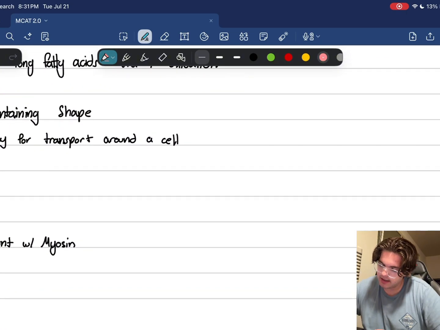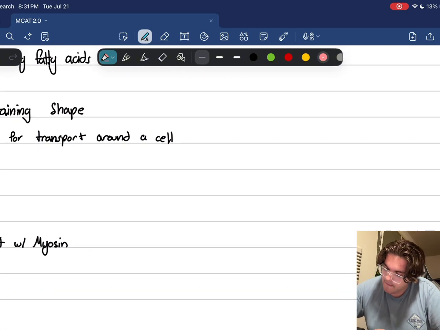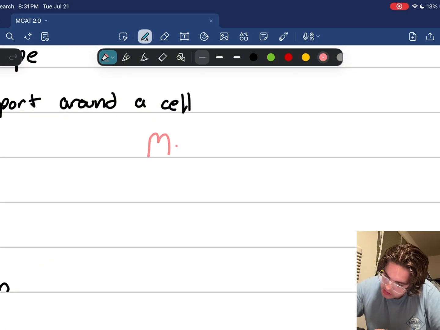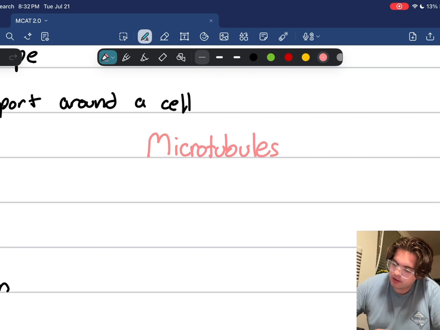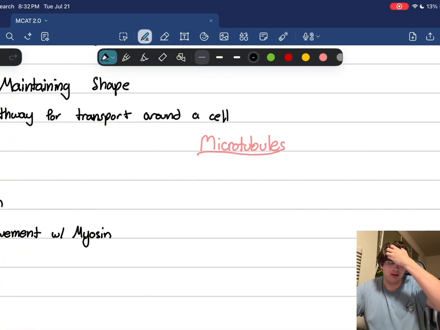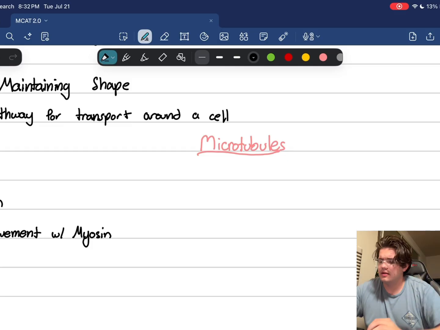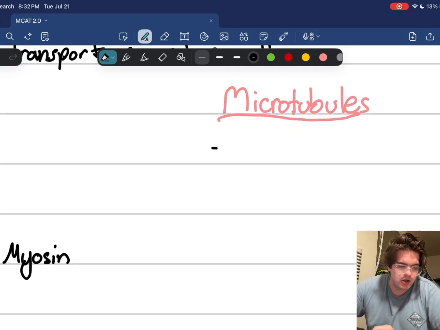Going into the second one, we're talking about microtubules. So microtubules are made of, and this one kind of makes sense, tubulin.